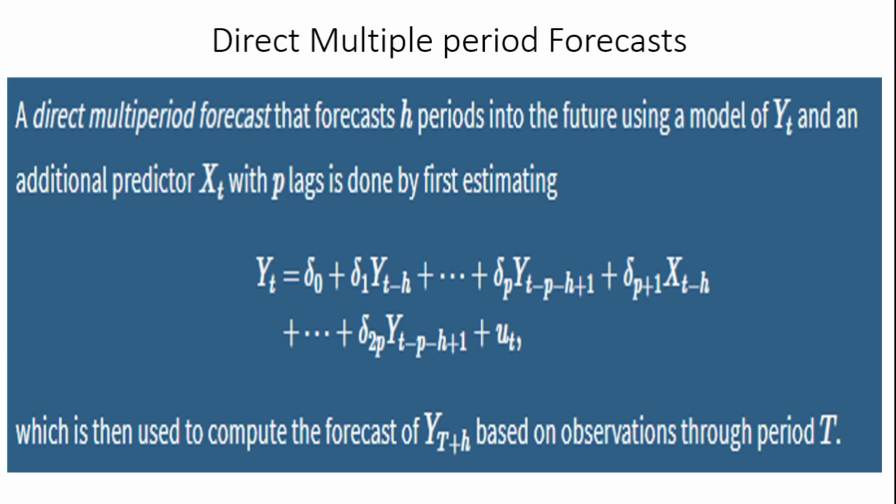And so for the direct multi-period forecast, for example, to obtain a 2 quarter ahead forecast of GDP growth and the term spread, we first estimate the equation of GDP growth in function of other lag variables as well as term spread, and then substitute the values of GDP growth of quarter 4 of year 2012 as well as quarter 3 of the same year, the same situation with term spread, in both equations.